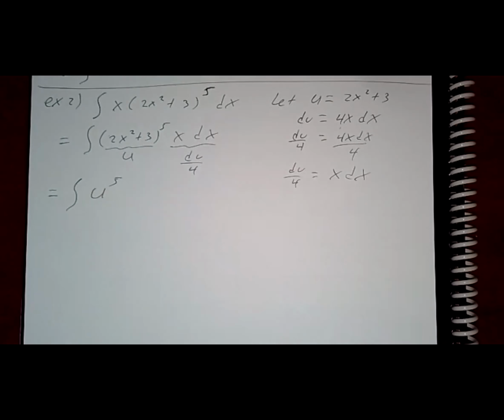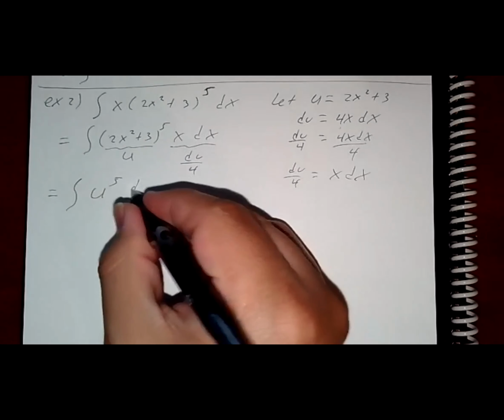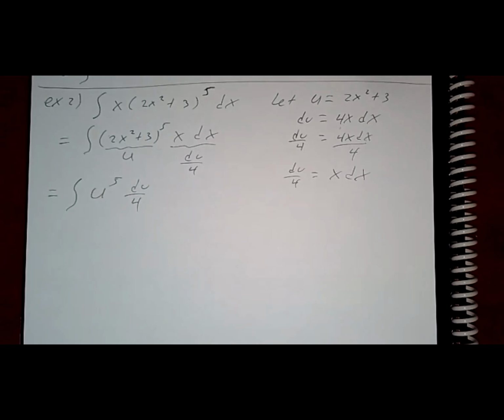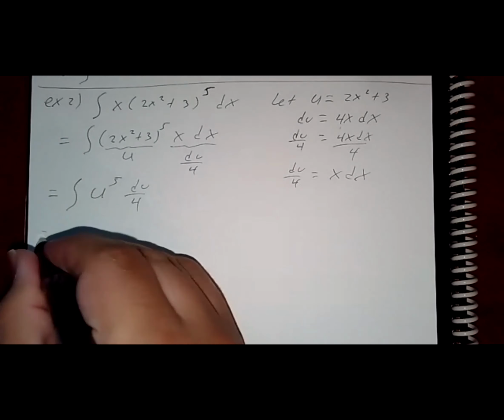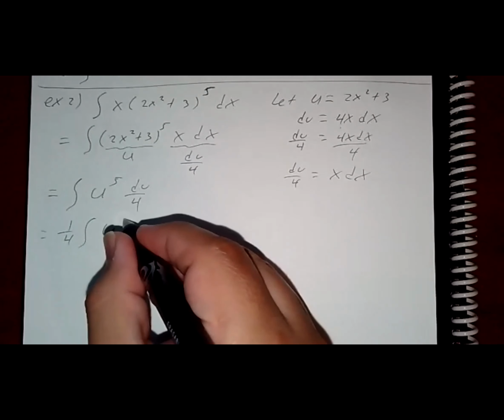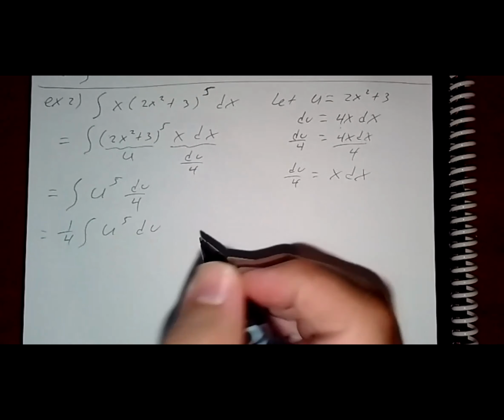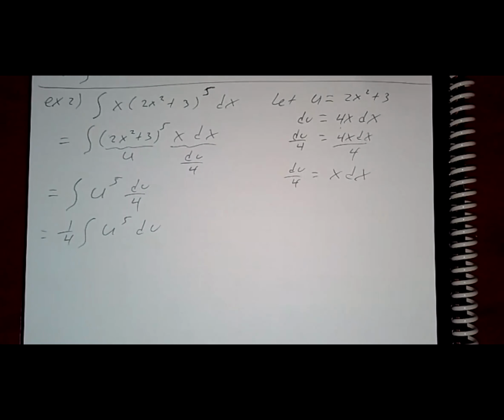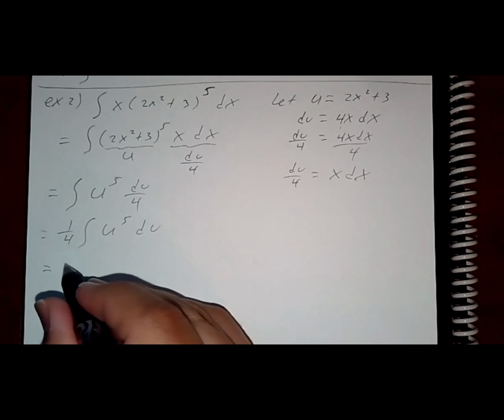Right, so that's replaced and that's replaced. Now it looks a lot easier, right? The 1/4 is in the way. Remember the properties say you can pull out 1/4 in front of your integration symbol. Now integrate and resubstitute back to what we had.